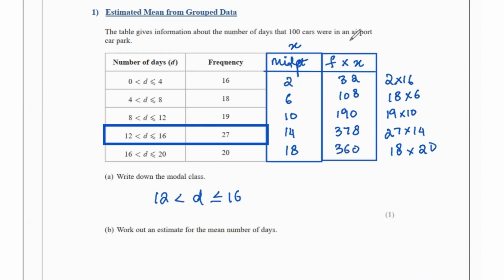So now it's the f times x values that you will add up and divide by the total number of cars.